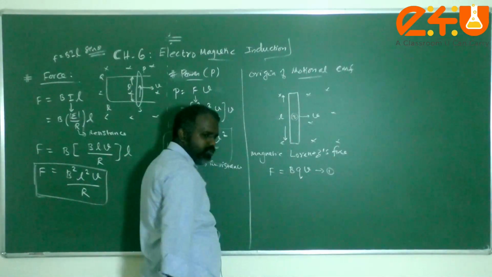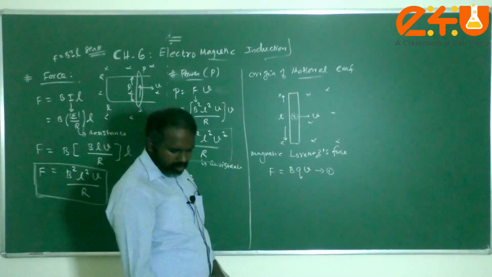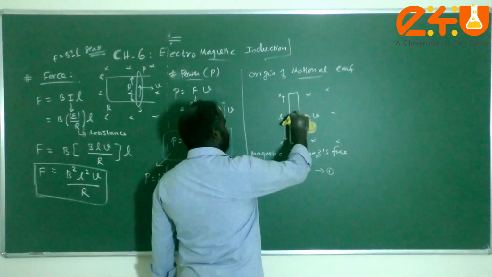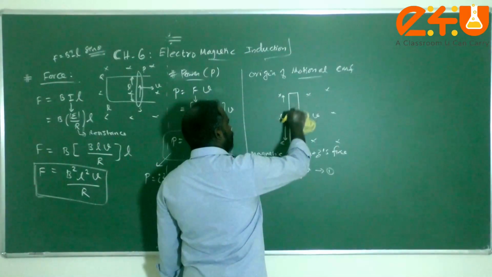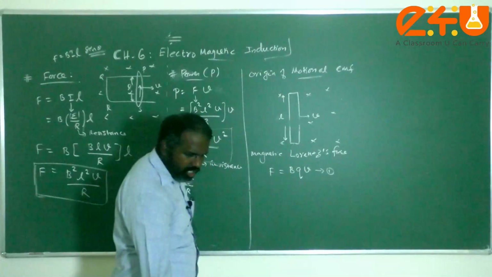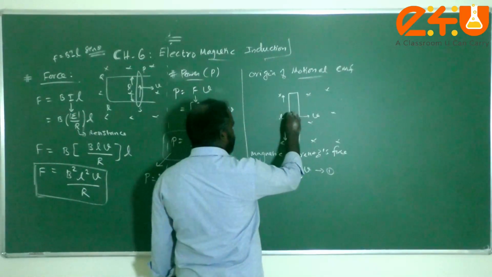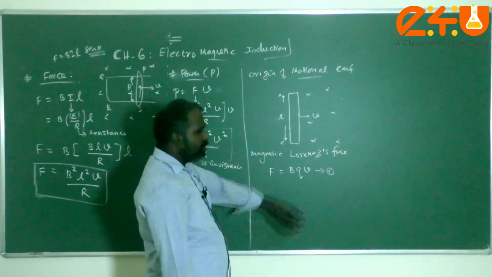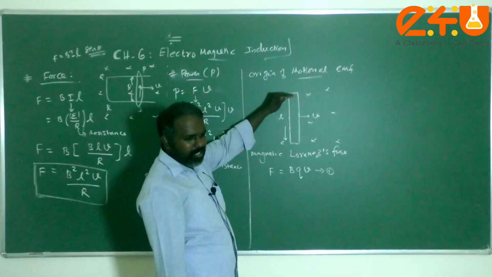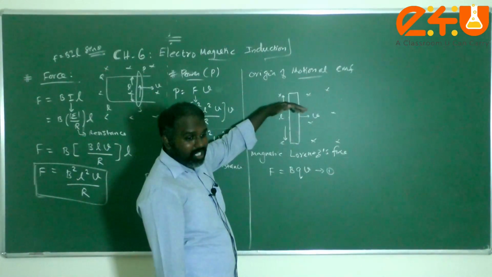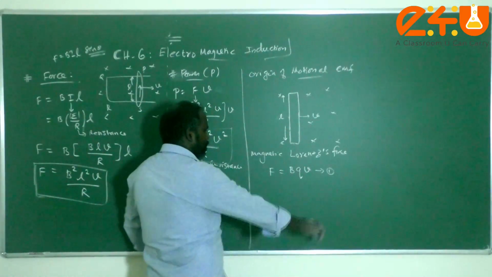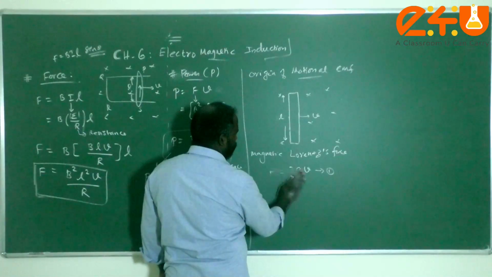In a conductor, the charges are mostly free electrons. Positive charge means the force is upward; negative charge means the direction of force gets reversed.